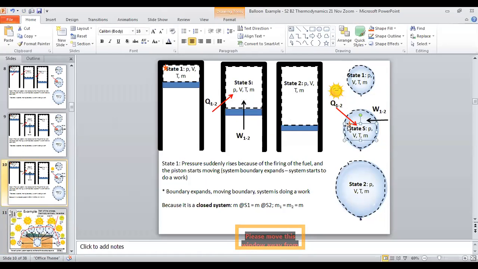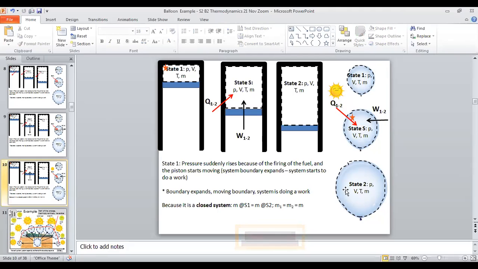That's the type of this star sign here. So it's a kind of fire. Of course, there is no flame, nothing, but the balloon is getting heated up. So we can think in that way. No harm, don't think too much about this. This is a very ideal case. So in the balloon, you see a fire-like thing, same as a power stroke of an engine.